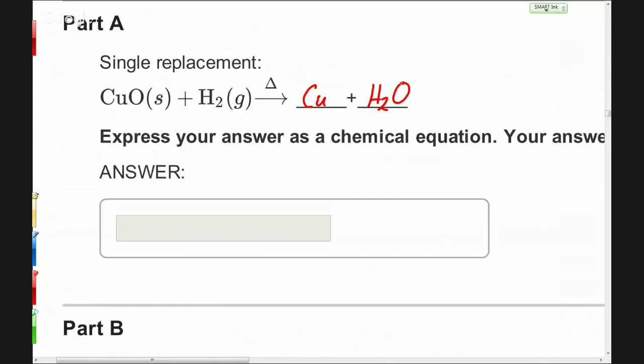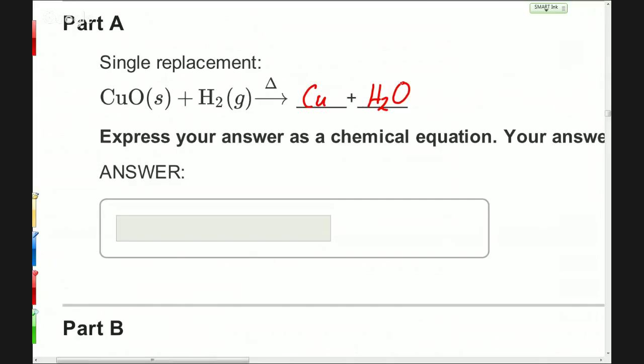Why wouldn't it be H, what? The chart. Cu will be positive, and O will be minus. Yeah, so that's the right answer.